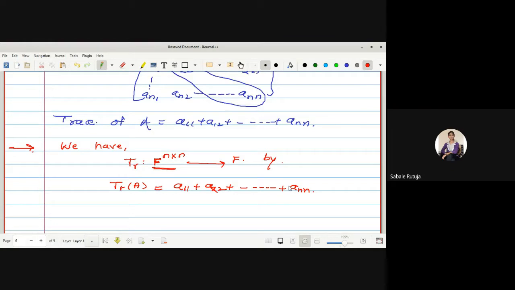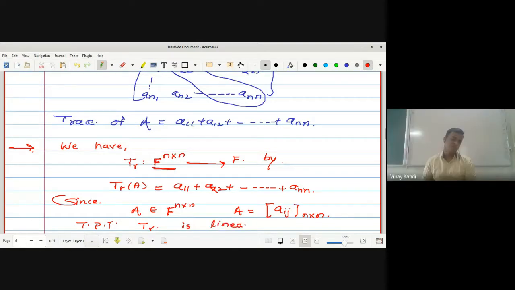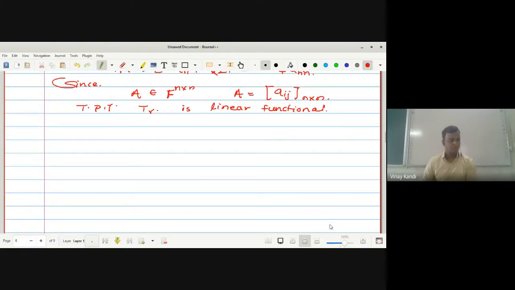Okay, now since A belongs to F^(n cross n), and A is nothing but the matrix Aij of order n cross n, we have to prove that this function TR is a linear functional. So we have to prove that this TR is a linear function.